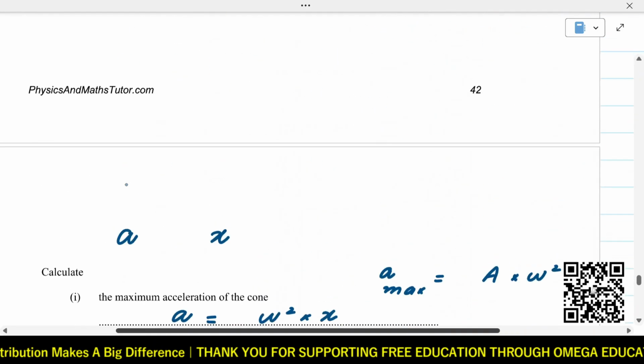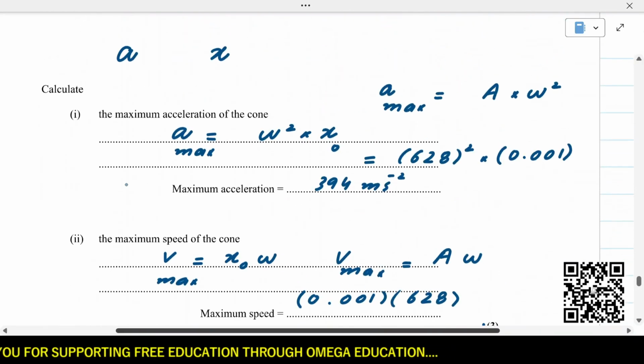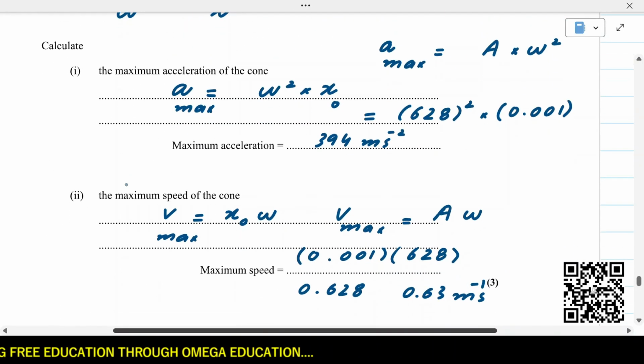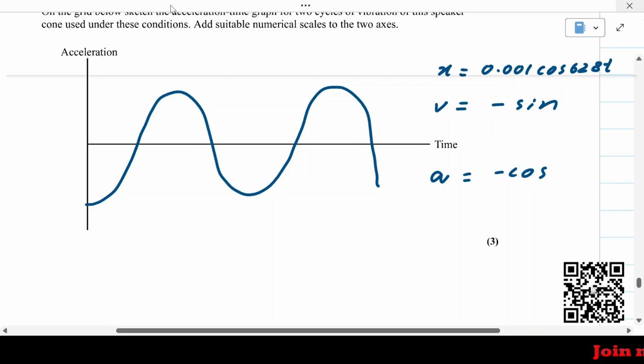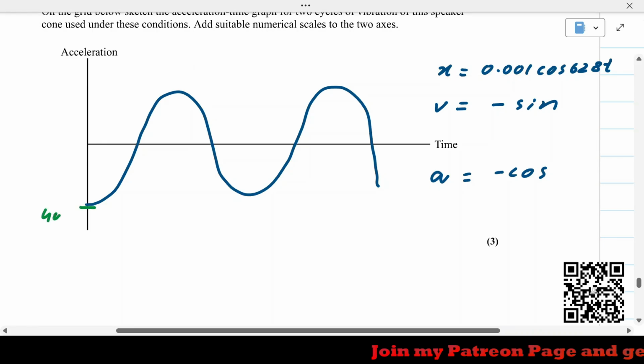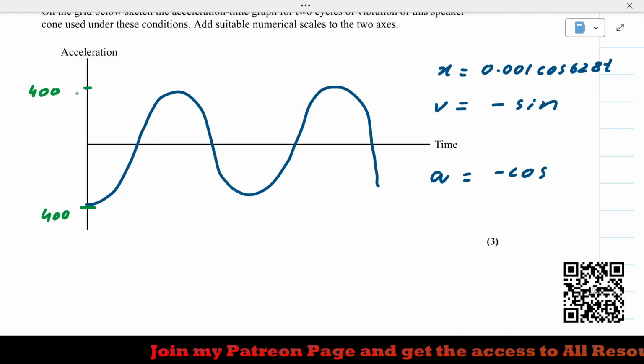The maximum acceleration was 394. Okay, 394, so we can write 400 here. So let's say here it is 400, and 400 at the top, because the maximum acceleration remains the same.